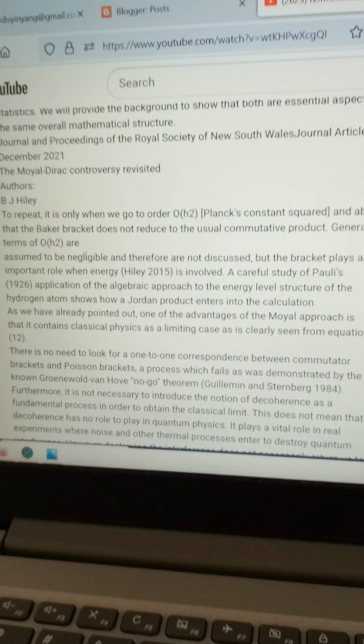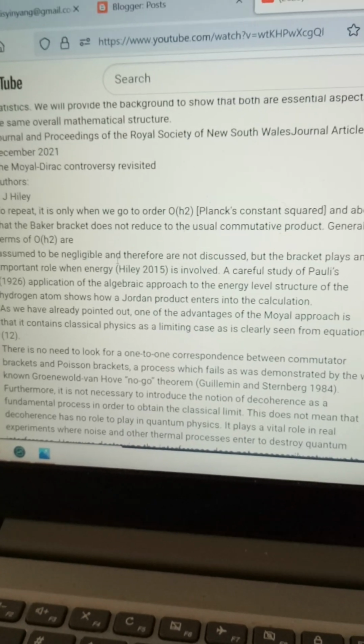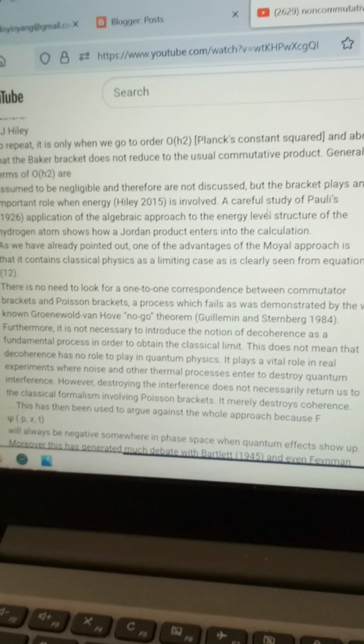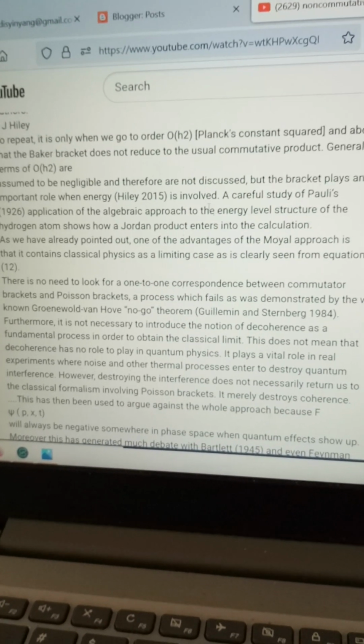Generally, terms of h or Planck squared are assumed to be negligible and therefore not discussed, but the bracket plays an important role when energy is involved.